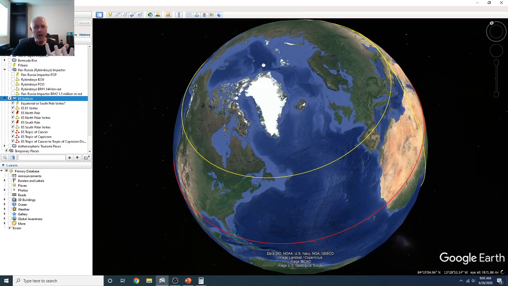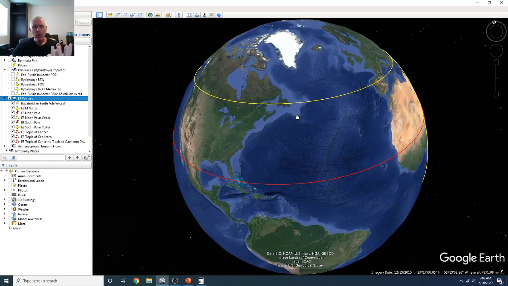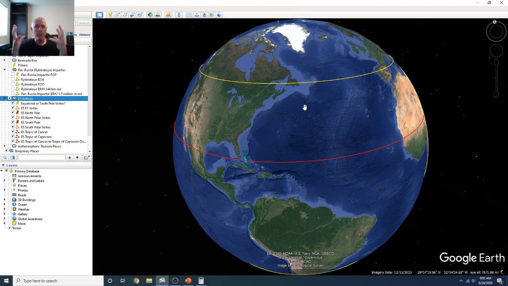So we might actually be looking at all 4 of the primary equatorial vortices are cyclonic, and the north polar vortex is cyclonic, but only the south pole vortex is anticyclonic.